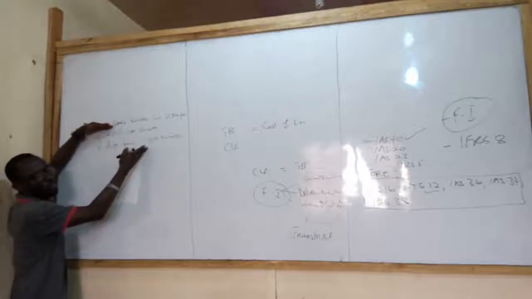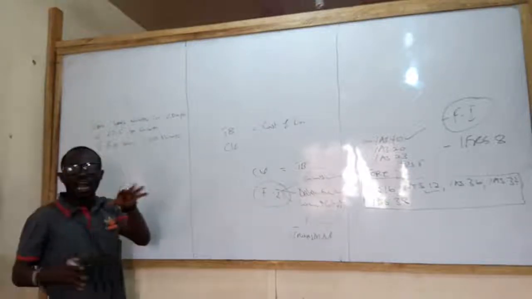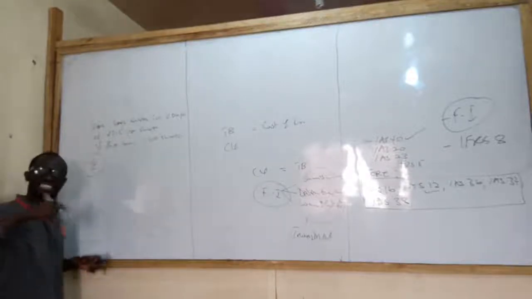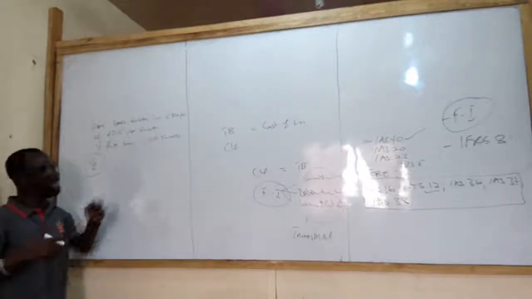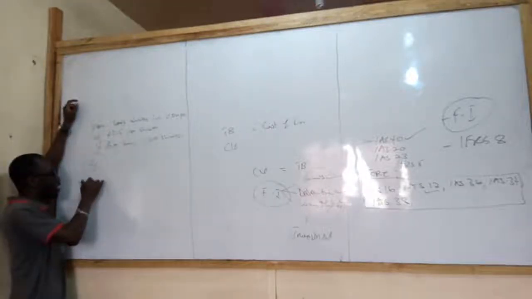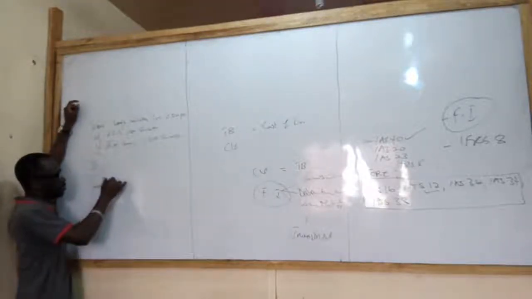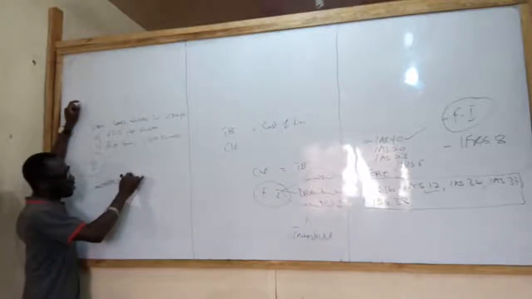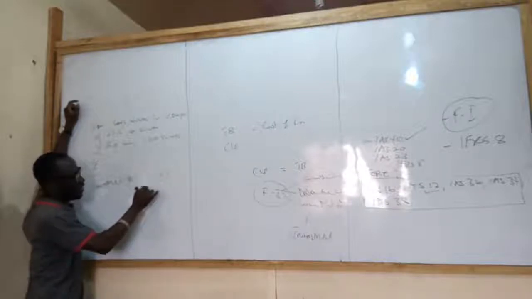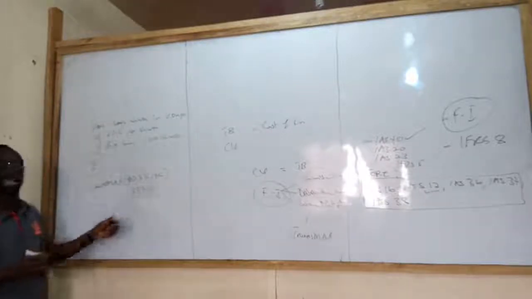This is how much you bought. When we bought it, what is the cost of our investment? 2.5 times 1,500, 3,750. So this is how much we paid.